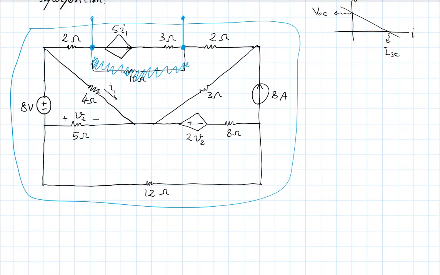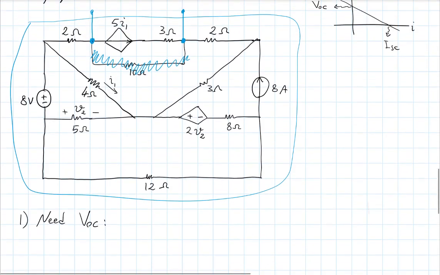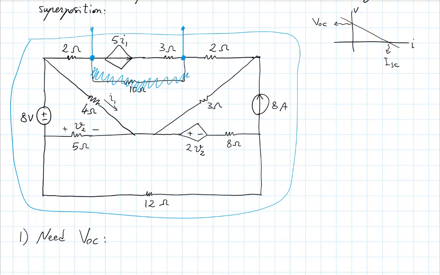Now, to do this with superposition, what are my steps? First of all, I need VOC. I'm just leaving the circuit as it is, but I want to solve it using superposition. What should I do? So we need VOC using superposition. What should I do for using superposition to solve this circuit? Yeah.